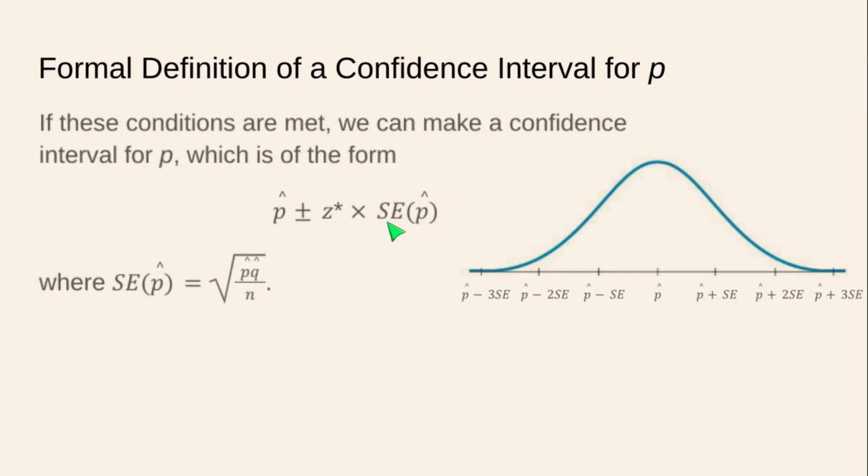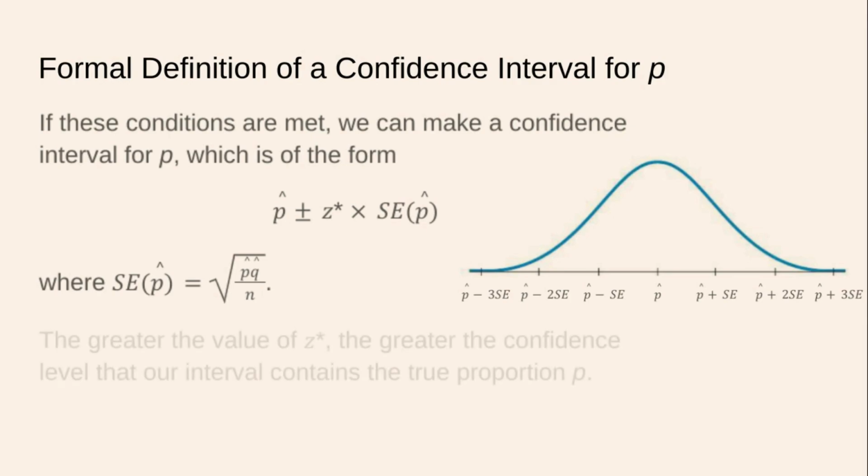The standard error of the sampling distribution of sample proportions. And the standard error for p hat is the square root of p hat q hat over n, just like the standard deviation, except it's a standard error, so it's an estimate. We use data from our sample because that's the best we got.